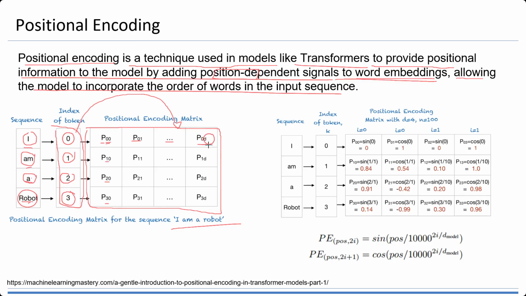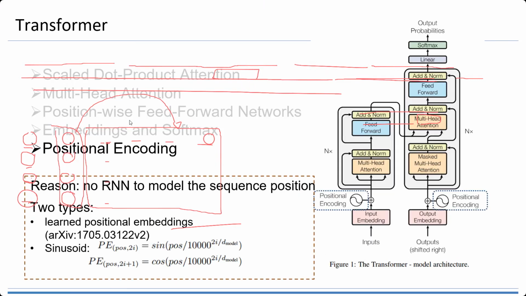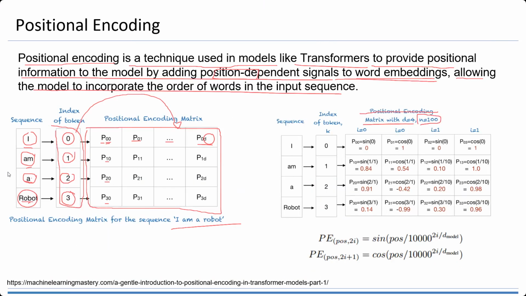So for every one of these, we can have the positional encoding, and we usually have a number to represent the n. If you look at this one, we have another formula. So we want to check where is the position or the index divided by a big number. In this case, this is the n.